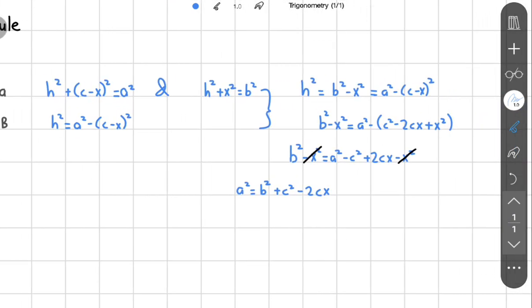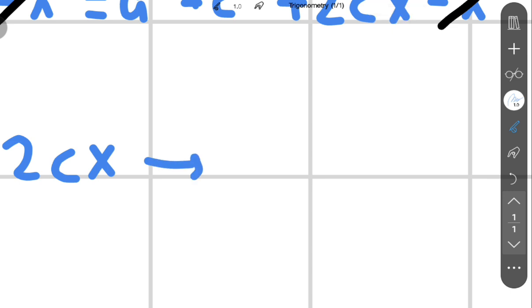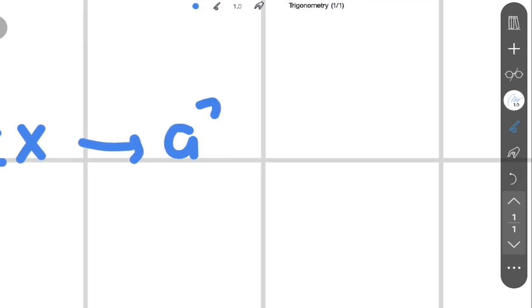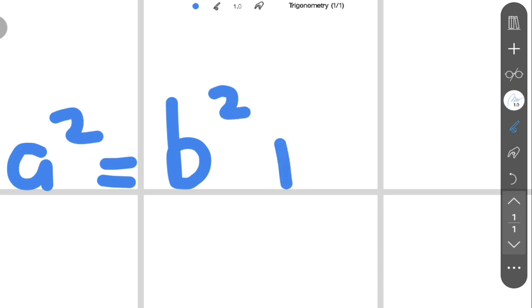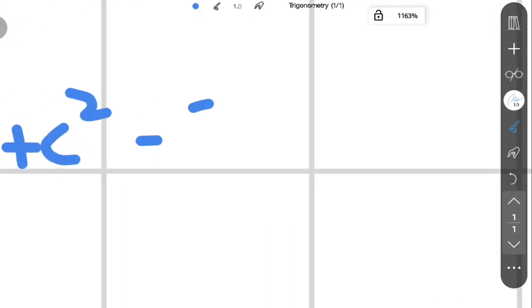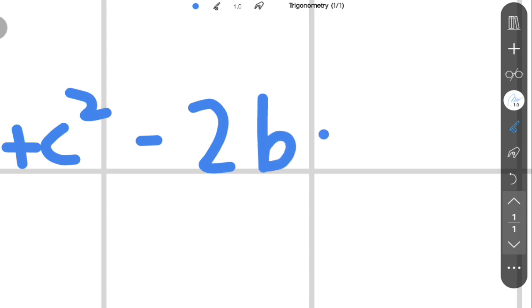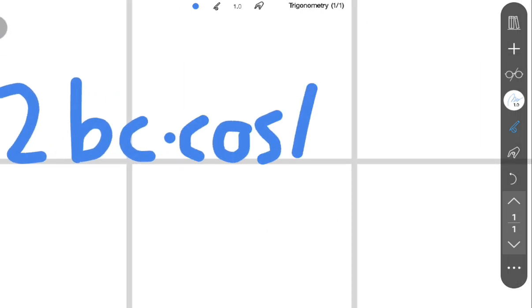It's just any arbitrary length that we took off from the original length of c. So if we were to replace it now, we'll have a squared is equal to b squared plus c squared minus 2bc cosine a.